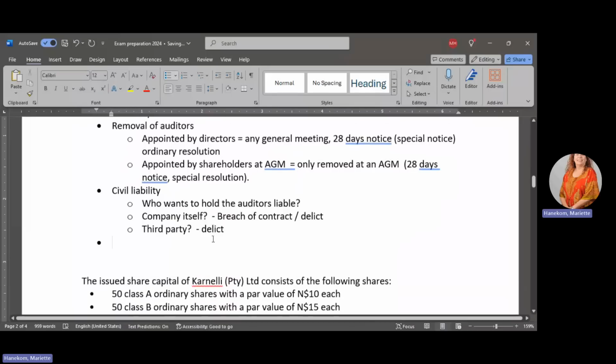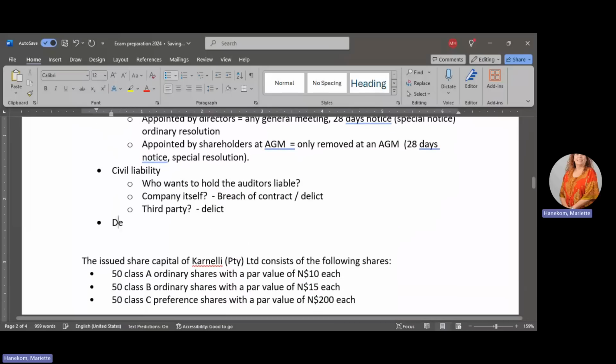The law of delict in both instances is the same. So the only difference it makes is that if it's a third party, you're not going to be referring to breach of contract. You're only going to be referring to delict. If it's the company itself, you need to refer to both.